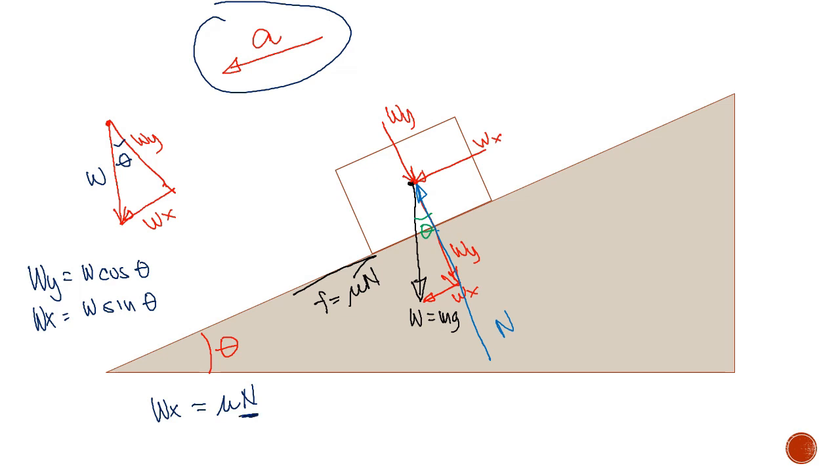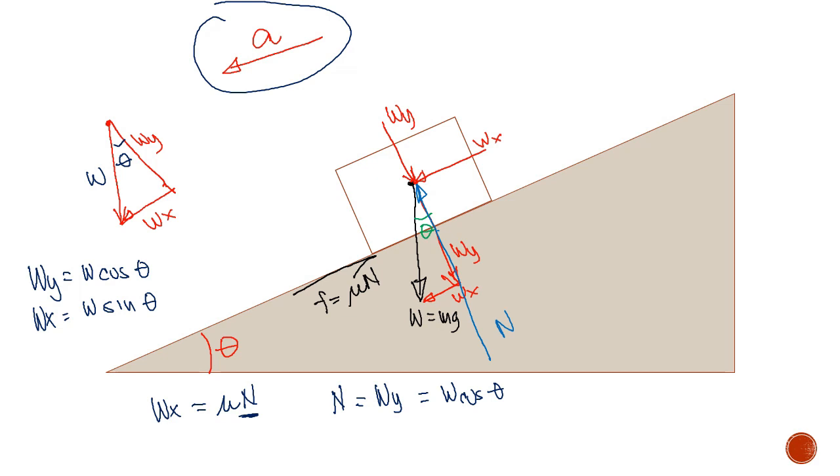N is actually, if we sum up forces vertically and we rotate the axis, we can see that N, which is upward, is equal to W sub y, and that is equal to W cosine of theta. So that is just how we solve problems in inclined plane.